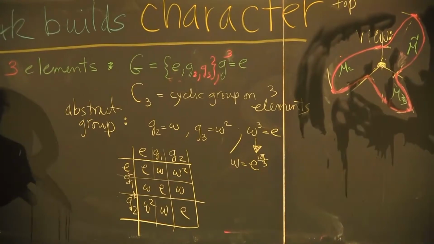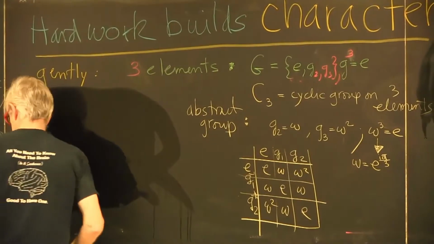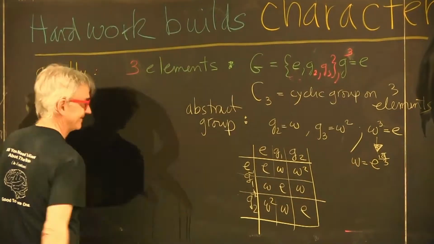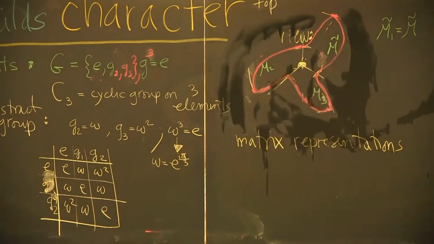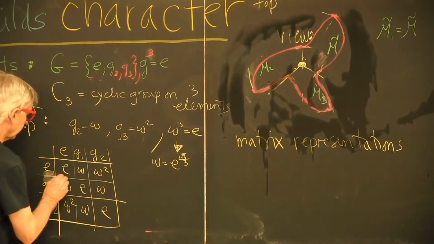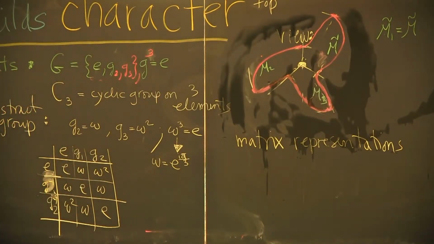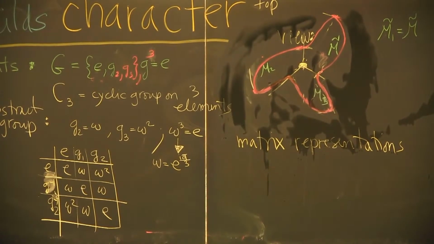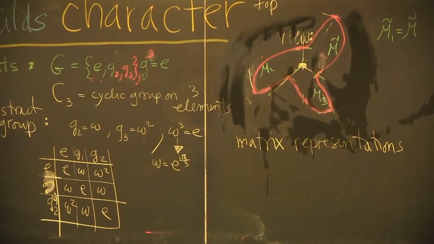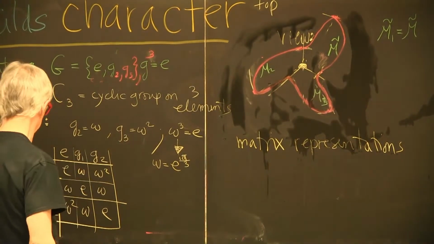Now you can also look at matrix representations. It's a natural way to write the multiplication table. Then the entries in this table are matrices, called the regular representation of the group, 3 by 3 matrices. So you just read it off from the multiplication table.